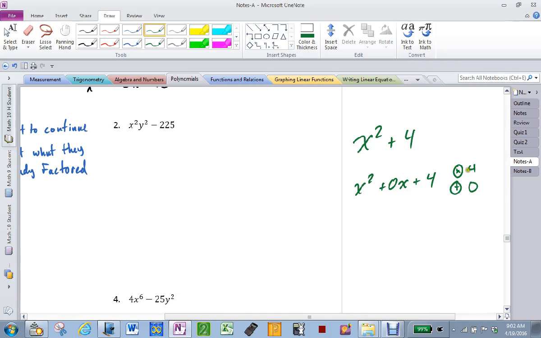Because to multiply to 4, it's got to be 2 and 2, right? But to add to 0, one of them would have to be negative, wouldn't it? And that would give me a negative 4 here. I can't do x plus 2, x plus 2, because that would be x squared plus 4x plus 4, wouldn't it?